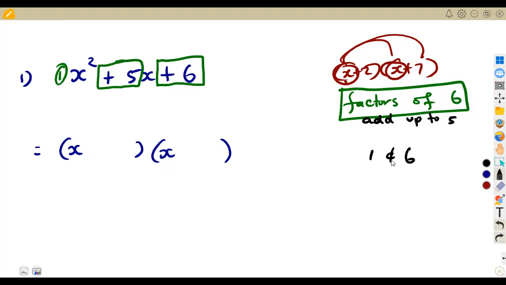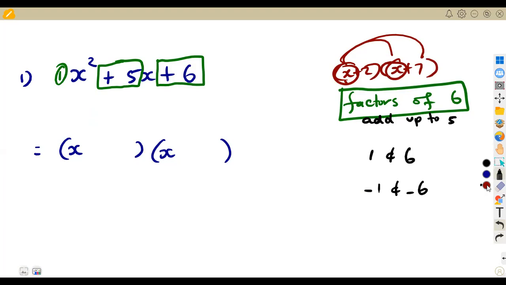So these two numbers are not going to work. Also, I could have worked with -1 and -6. But because this term here is positive, I'm not supposed to even think of two negative numbers, because they are going to add up to something more negative. So I'm not even supposed to think of that.